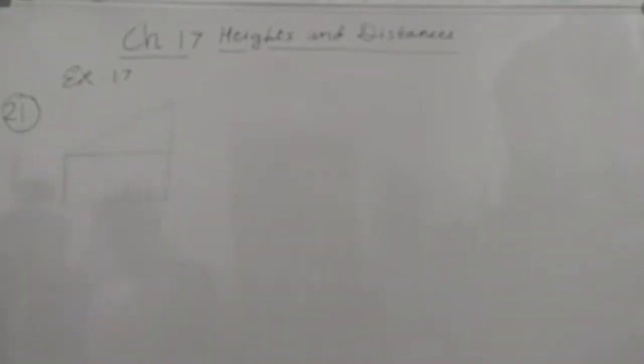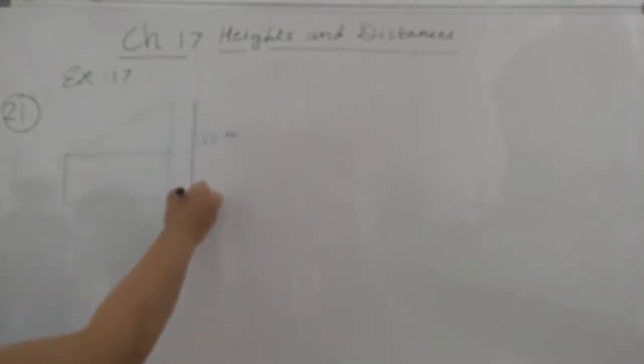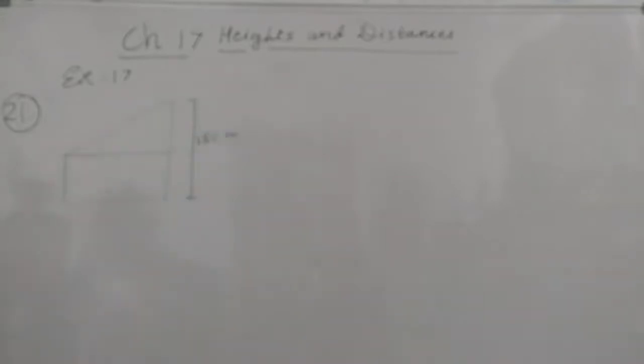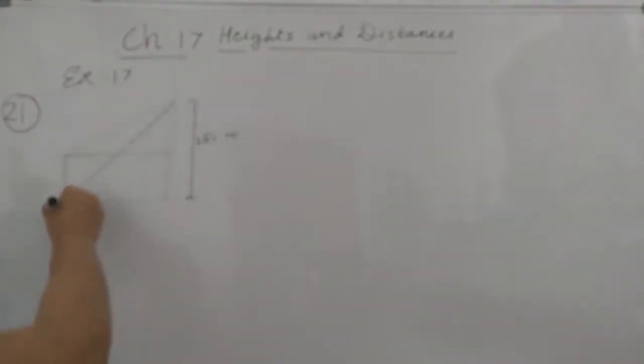First of all, the top of a cliff 150 meter high. So this is the 150 meter height cliff. Then secondly, what else is given? The angles of depression of the top and bottom. So this is the angle of depression here, top and bottom.